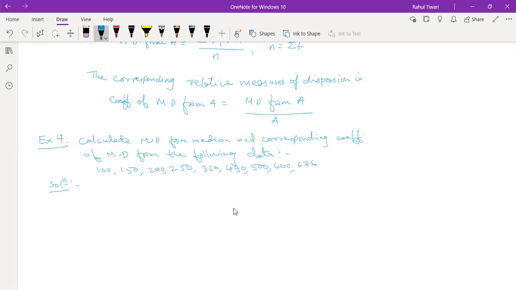So how do we calculate this MD from median? To calculate MD from median, we need to calculate the median. As I told you, to get the median, we have to arrange the data in ascending order. So put the data in ascending order.